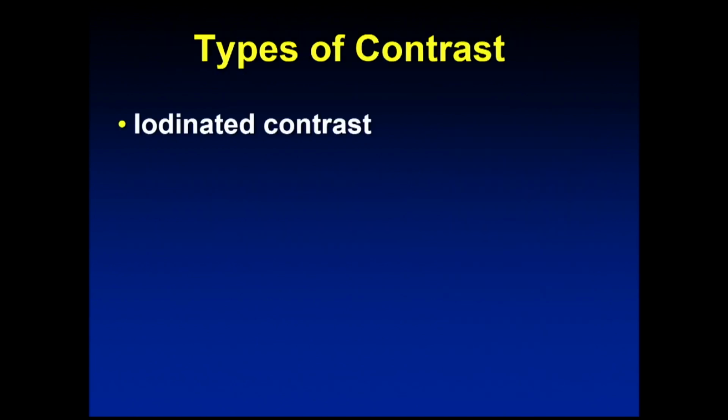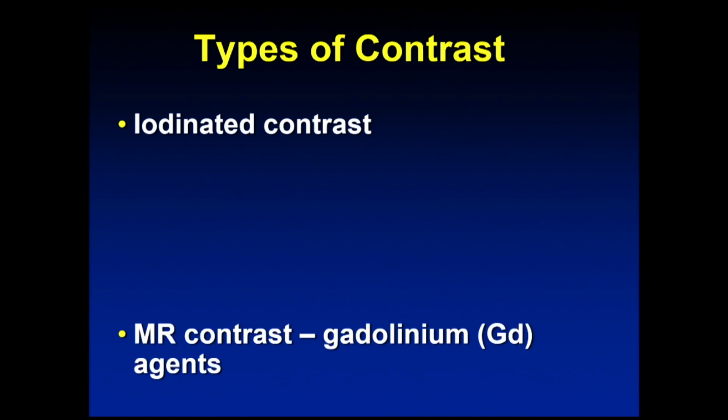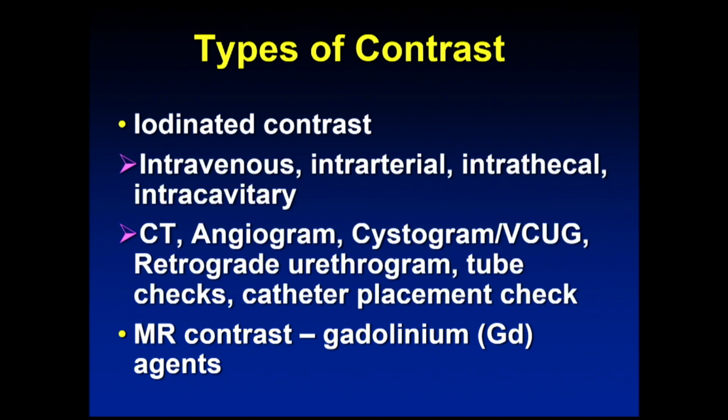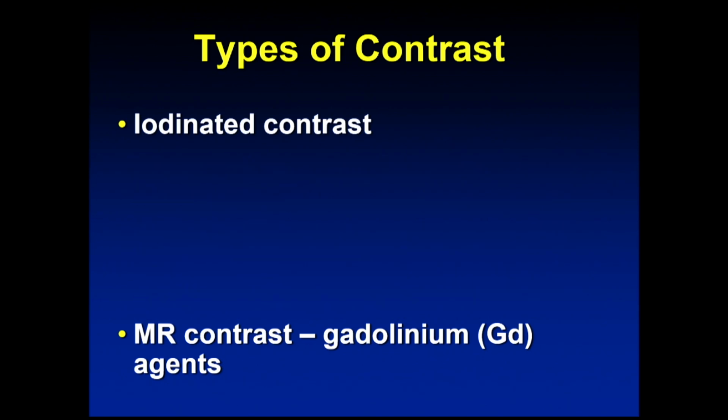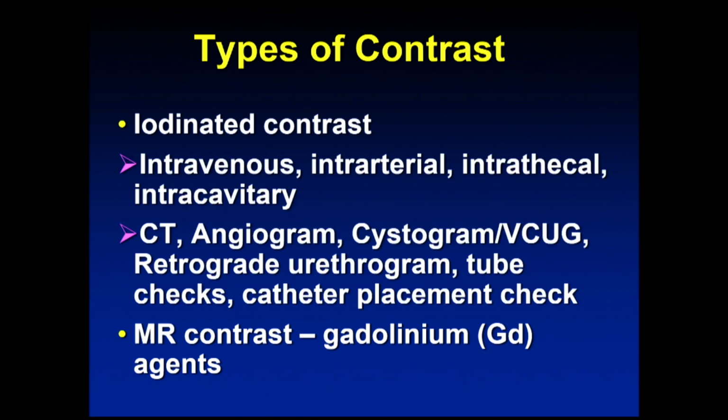There are two main kinds of contrast that your patients will be receiving for radiology studies. One is the iodinated contrast, and basically it is the iodine molecule in these contrasts which makes things show up, it causes radiopacity. And then, of course, we have the MR contrast, which are all gadolinium-based.